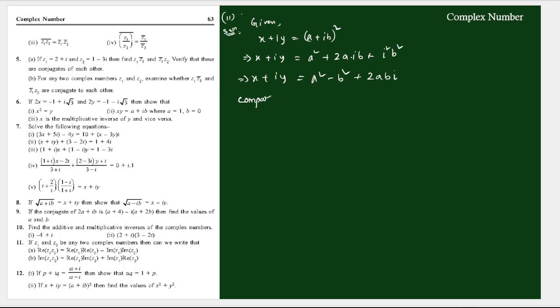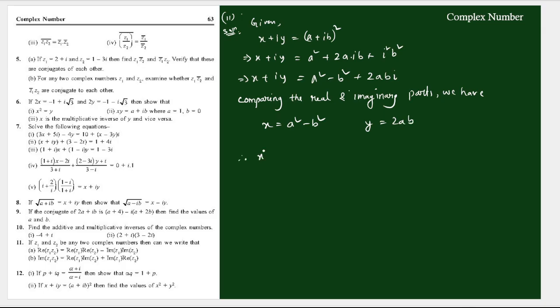So comparing the real and imaginary parts, we have x is how much? a square minus b square, and y is how much? 2ab.